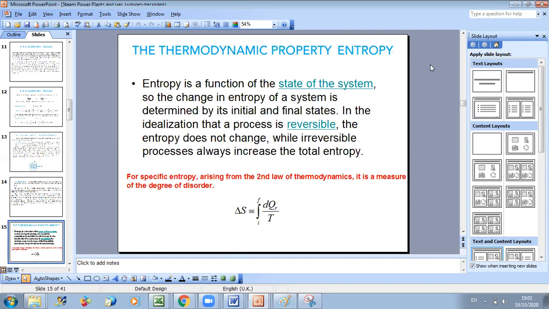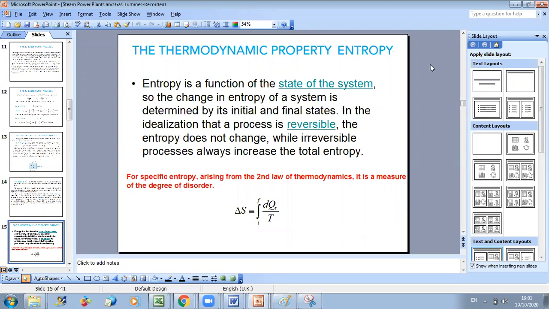In an ideal case, a process can be reversible. What we mean by reversible is, if I take a fluid from 1 to 2, and it can go back from 2 to 1, then this process is reversible. And in this case, the entropy will not change. While for an irreversible process, entropy always increases.